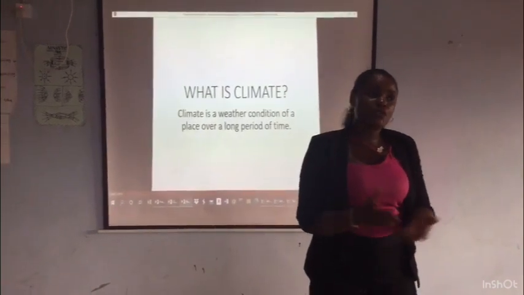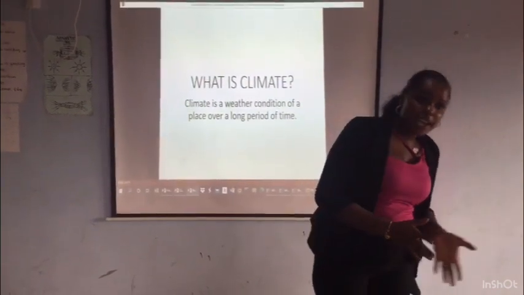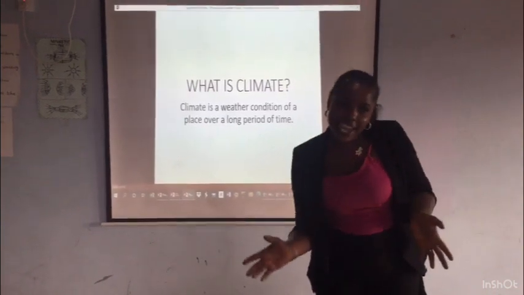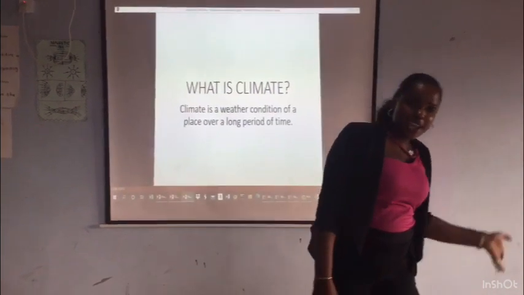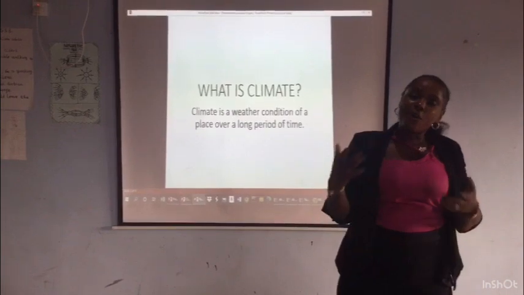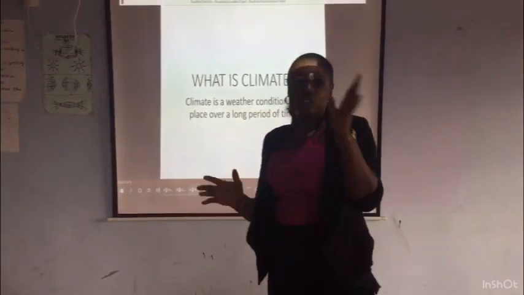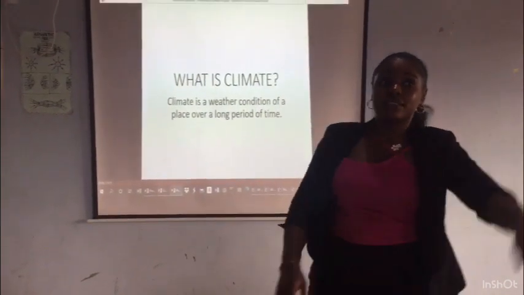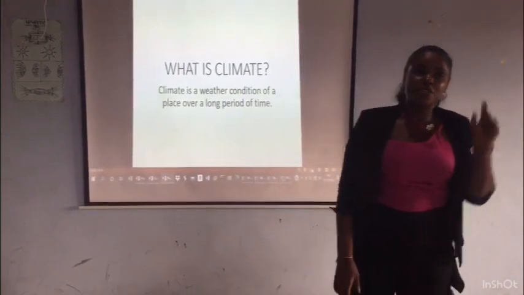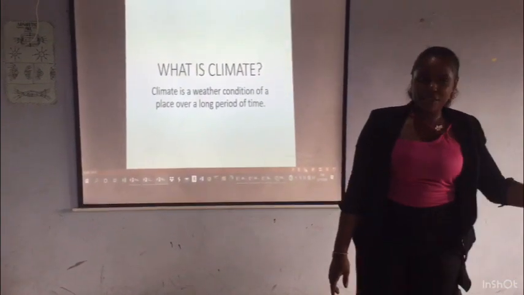You should be able to know: is it a sunny day? Is it cloudy? Is it about to rain? Whatever it is, when you're talking about the state of the environment, you're referring to weather.